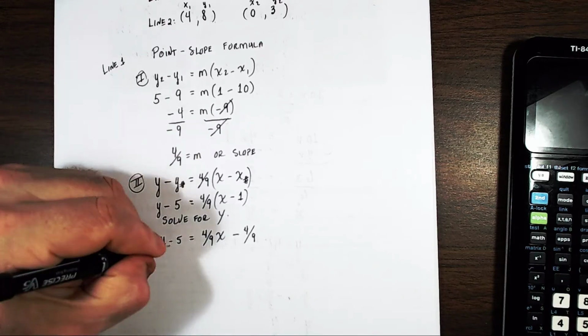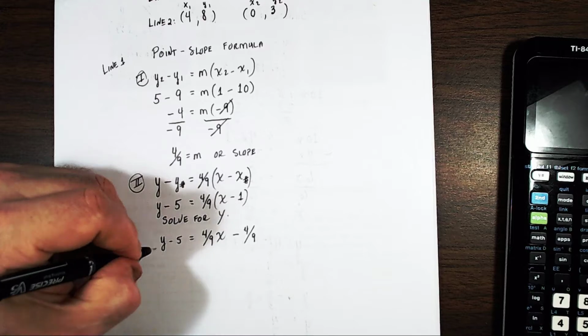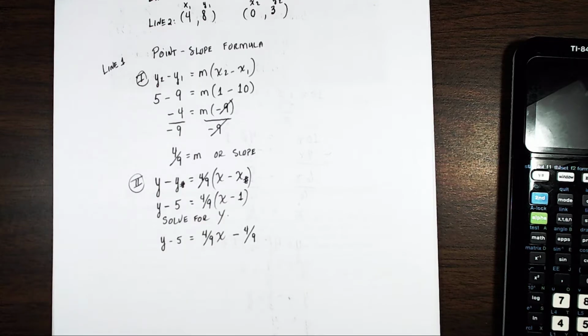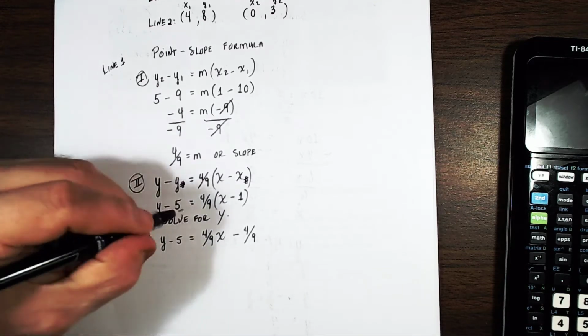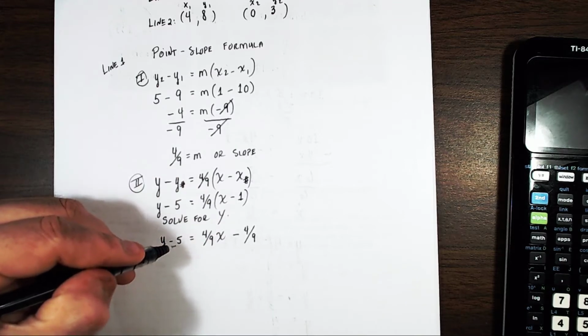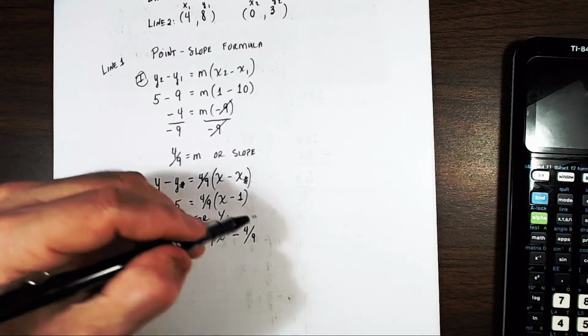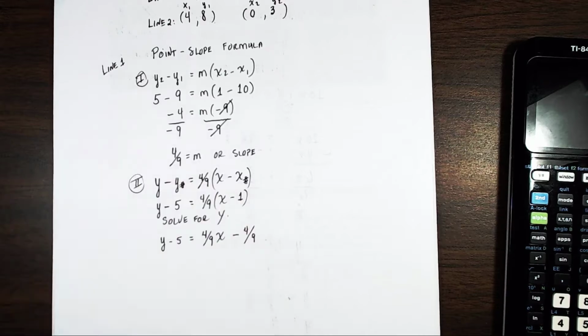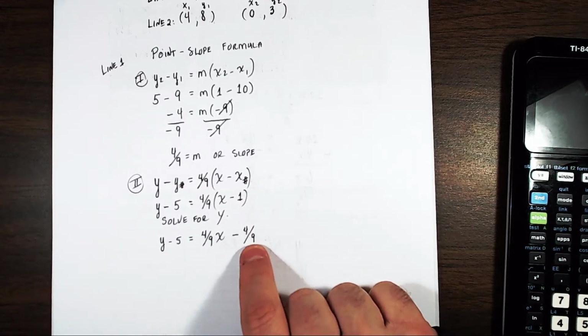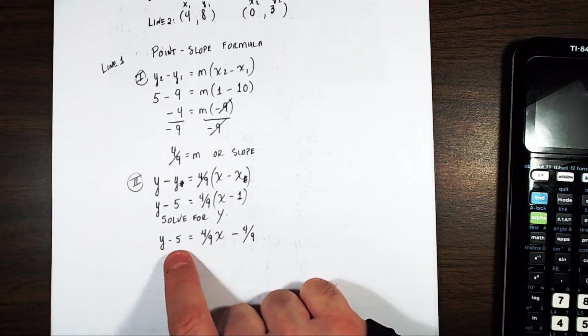Now I need to get this 5 out of the left side and over to the right side because I want to get y by itself. But when I add 5 out of here and I try to put it over here, I'll have a problem because I won't have a common denominator. See, the common denominator here is 9. So I need to get 5 in terms of 9.